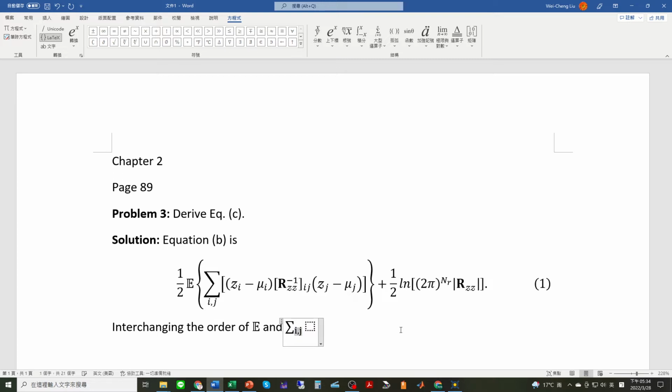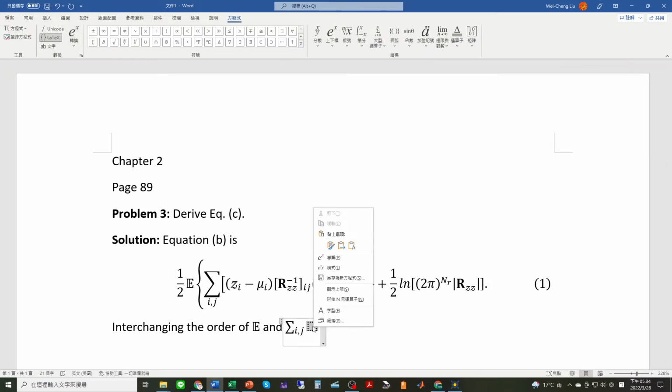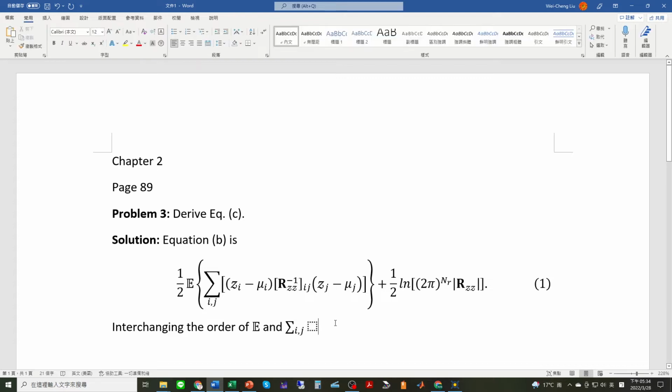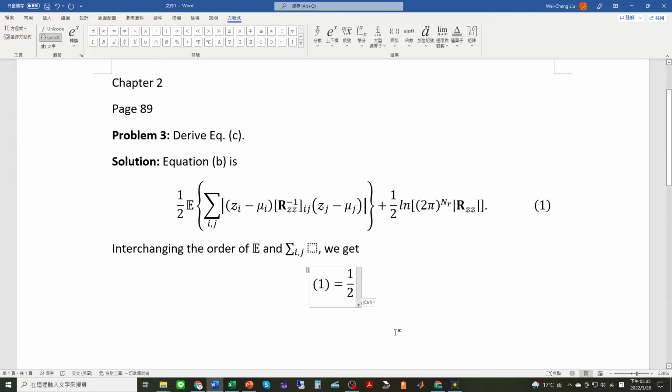Italic. How can I delete this one? I cannot, so please never mind. So we get equation 1 is equal to first 1 over 2, and second the summation ij.